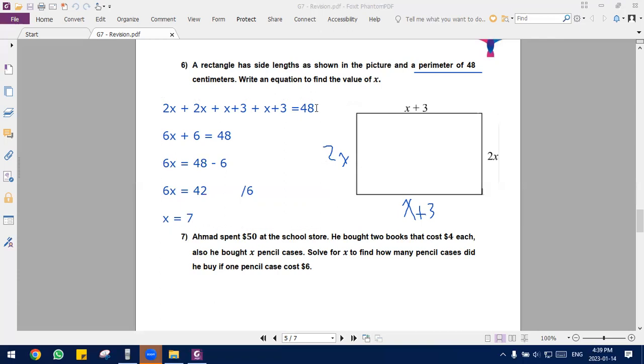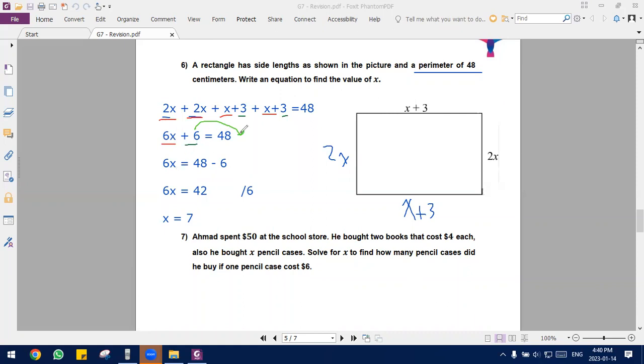So again, let me explain it again. We write the equation, it's equal to 48, which is given. Then I simplify these, I add them together. It gives me 6x, and then I add 3 and 3, which is 6. Next step, I need to take this 6 to the other side, because I need to leave the variable alone.